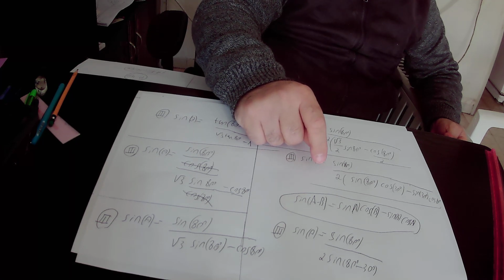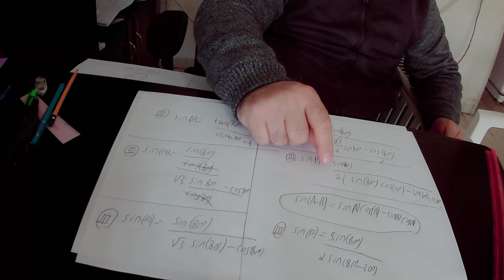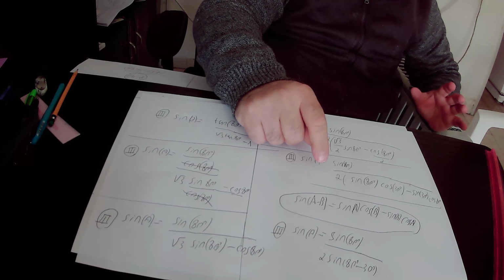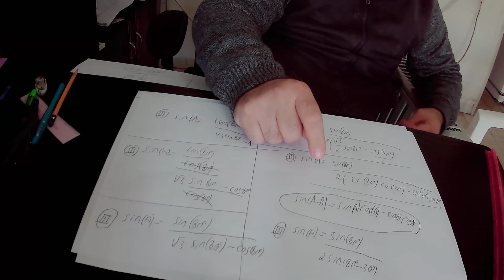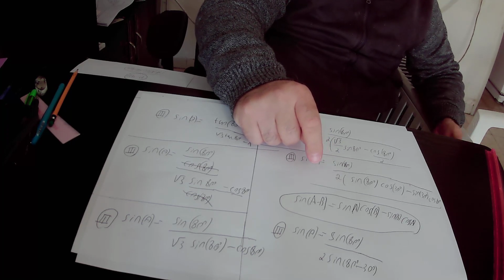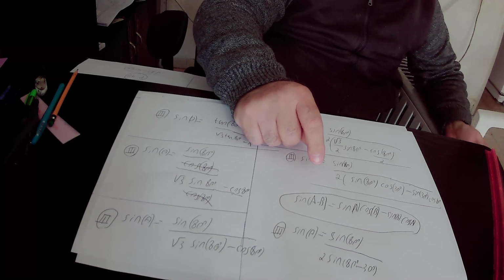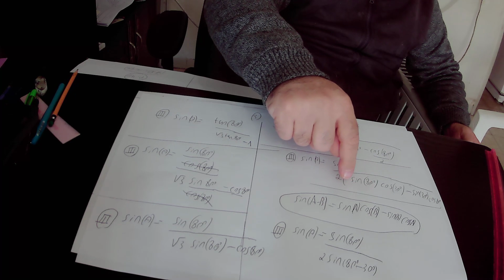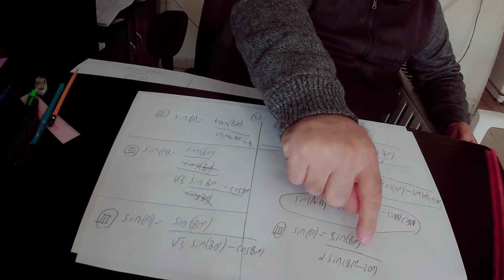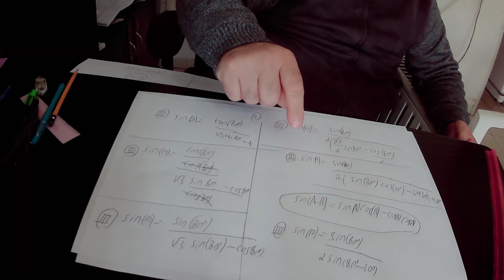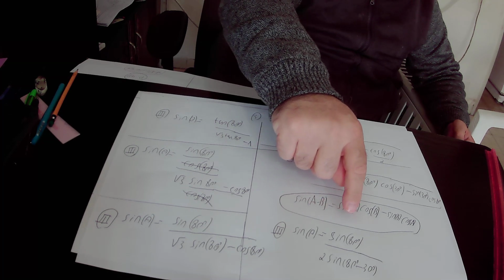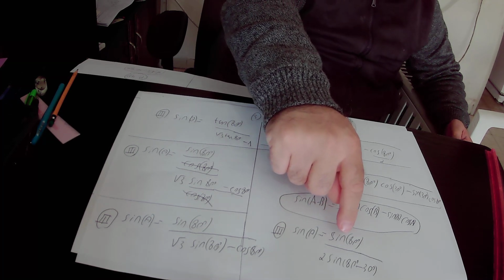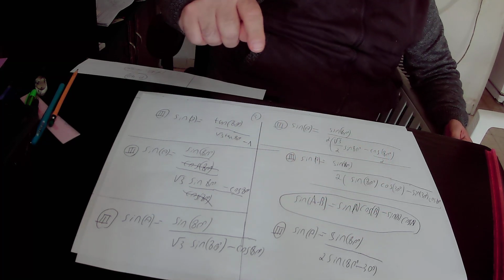In our specific expression, A equals 80 degrees and B equals 30 degrees. So sine(A minus B) will be actually sine(80 degrees minus 30 degrees). So we did it, we substituted this expression by sine(80 degrees minus 30 degrees), and we got that sine theta equals sine 80 degrees over 2 sine(80 degrees minus 30 degrees).